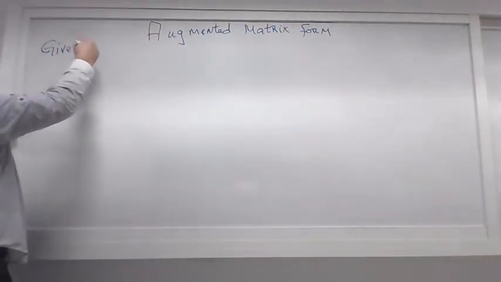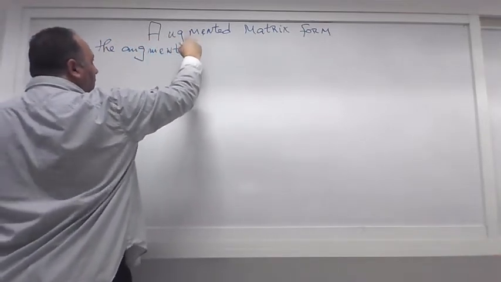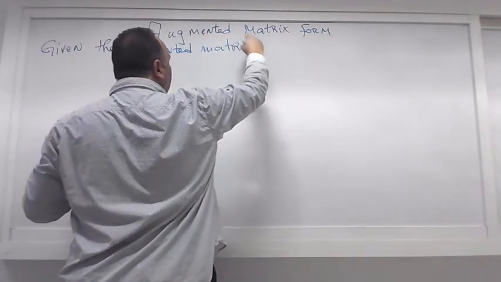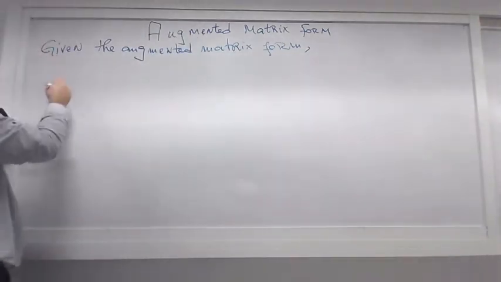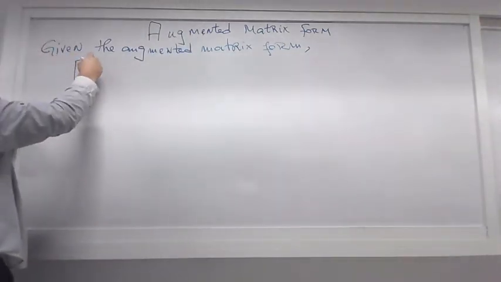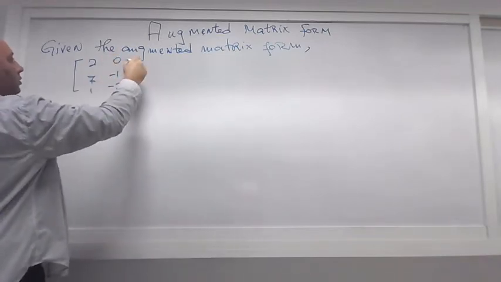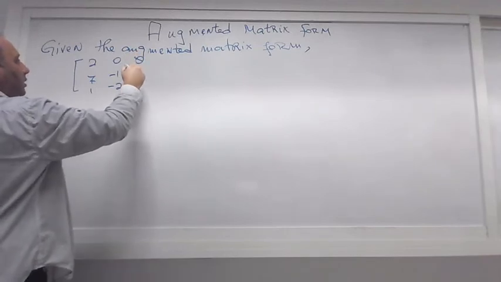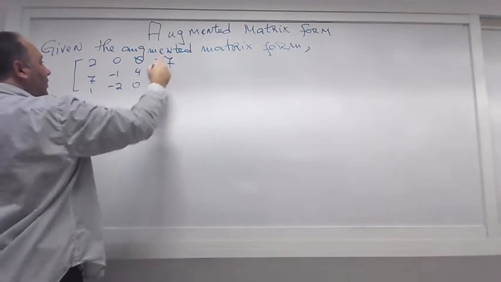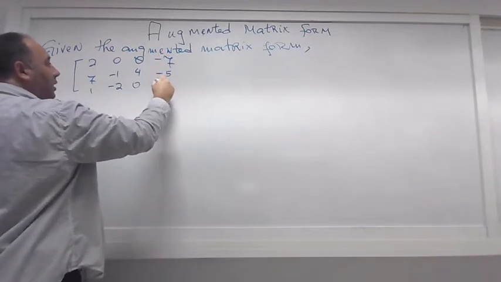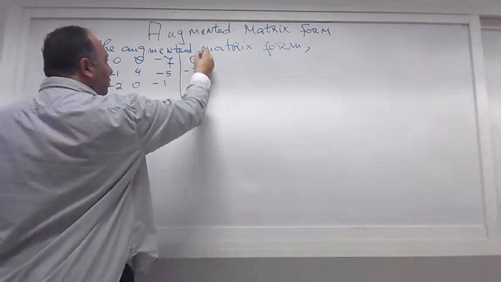So given the augmented matrix form, let's say: 2, 7, 1, 0, minus 1, minus 2, 0 again, then 4, then 0, then minus 7, minus 5, minus 1, 0, minus 3, 2.